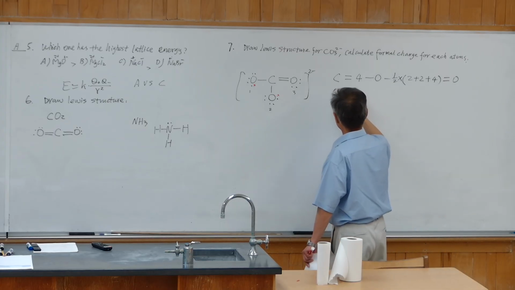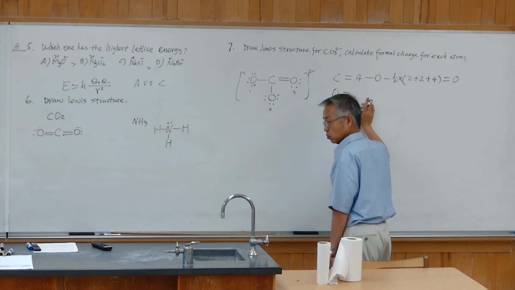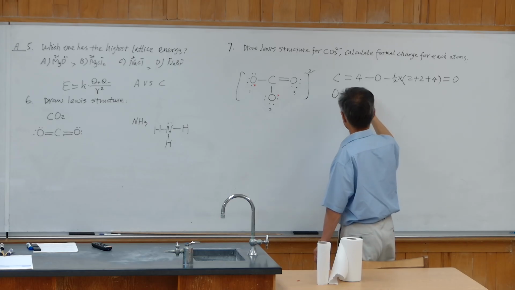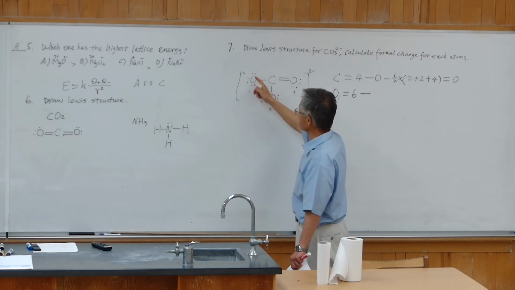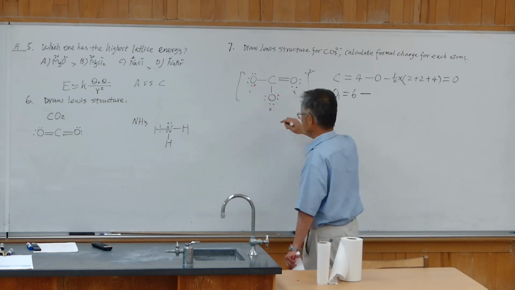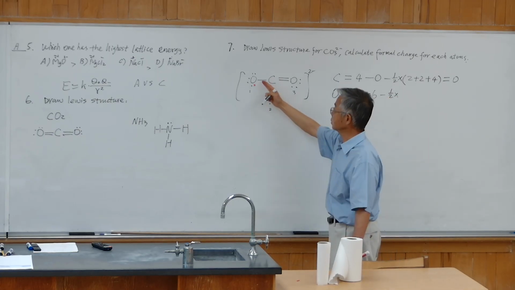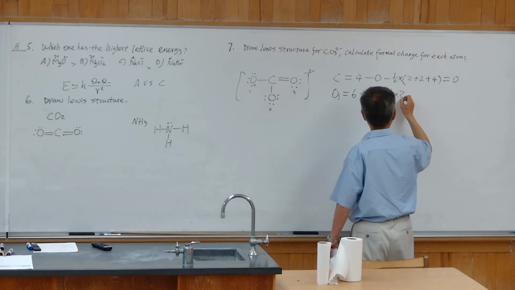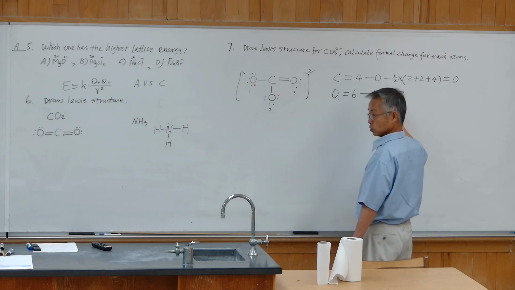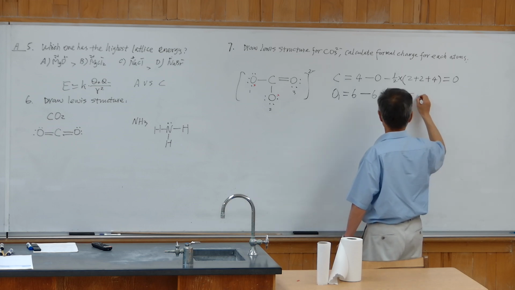O1: isolated oxygen from group 6A has 6 valence electrons. How many lone pairs? 3 lone pairs, 6 electrons. Then how many bonded electrons? Single bond is 2. That 2 is shared with others, so it's 1/2 of 2. So this is -1.